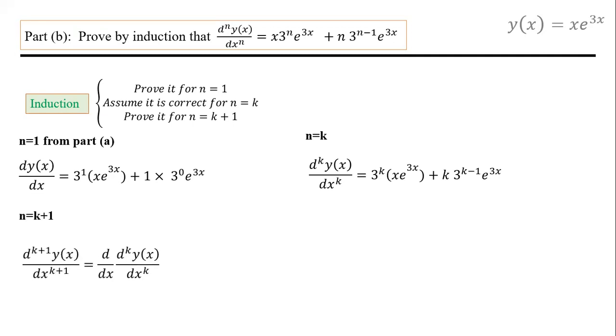Now we want to obtain the k plus 1 derivative. The k plus 1 derivative of y is the derivative of the kth derivative of y. It means we need to take a derivative of the expression for the kth derivative.